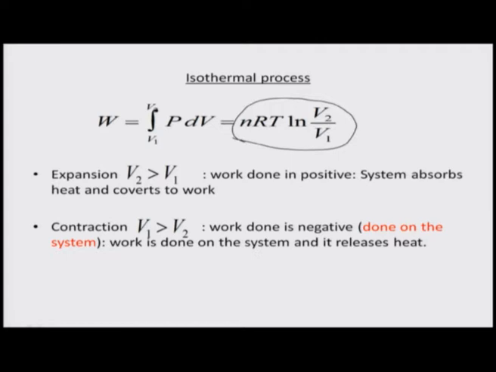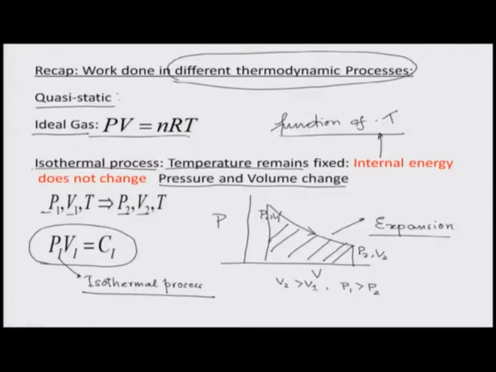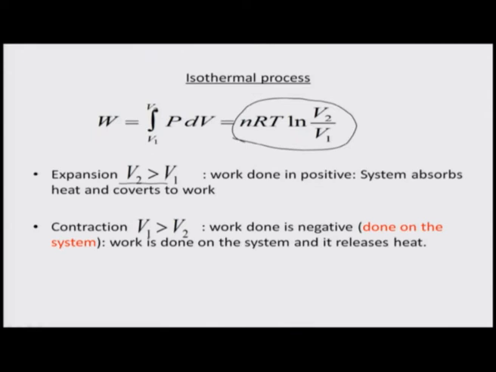This is the final expression for work done in an isothermal process. If I consider expansion, that means V2 is greater than V1, which is the picture I have shown here, you can immediately see work done is positive. What does it mean?